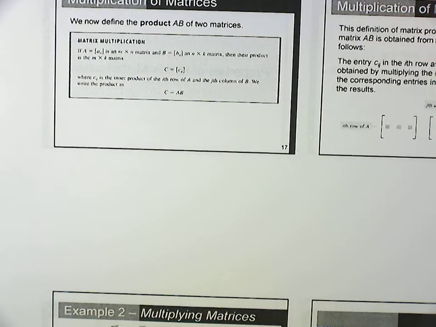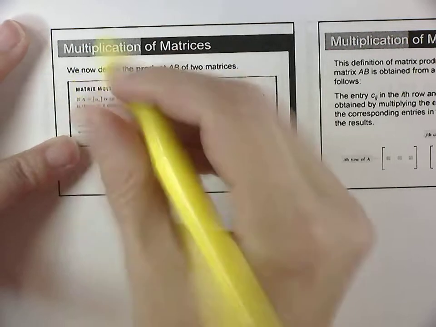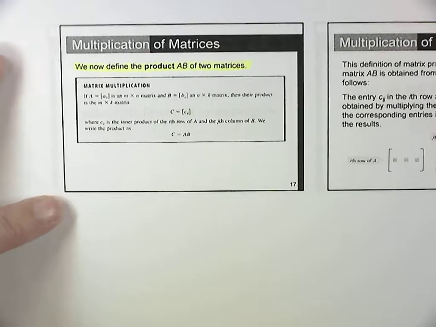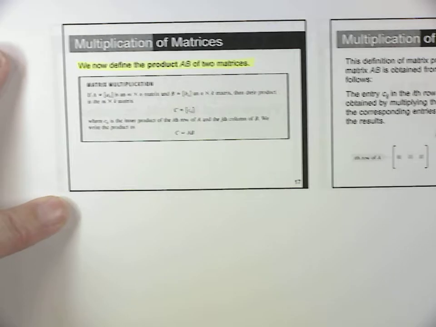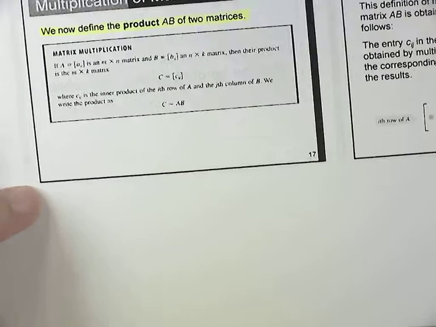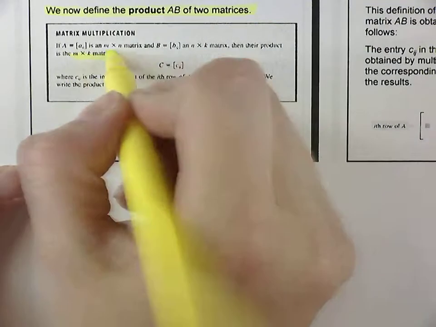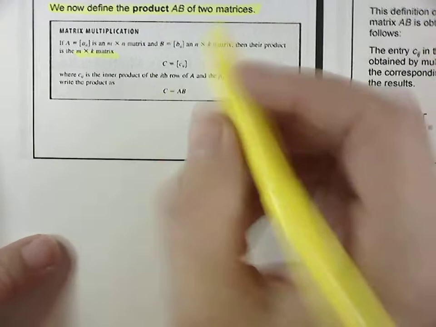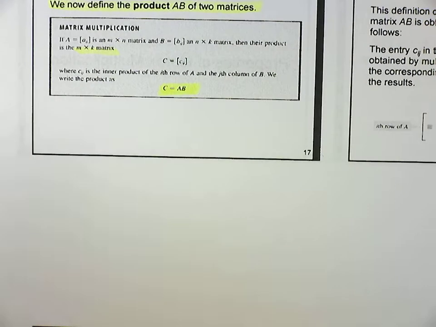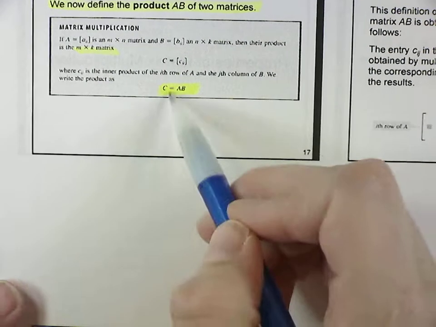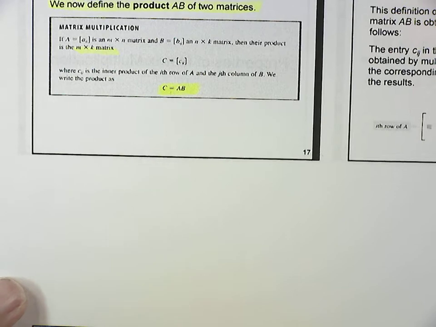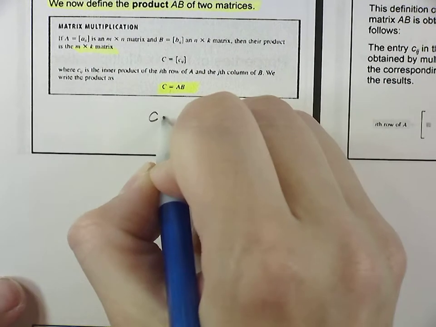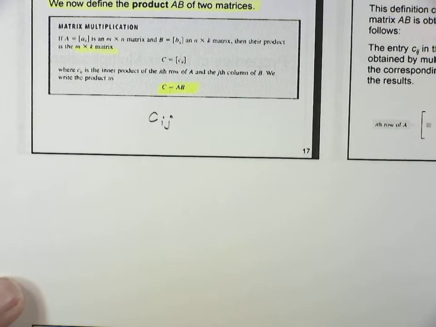The next box is just defining the product AB. They're telling you that the result is going to be the m by k matrix with those entries. We're going to call the matrix C, which means when I talk about entries, the entries are going to be C, i, j, where i is the row and j is the column.